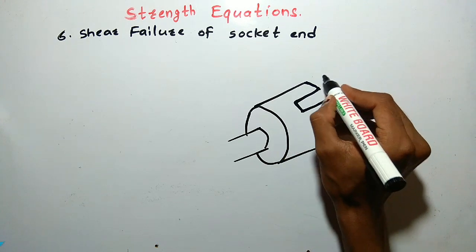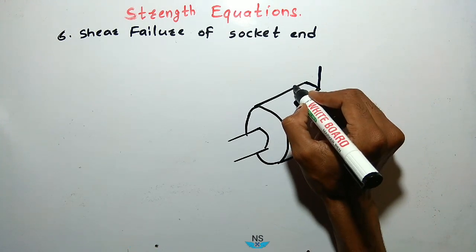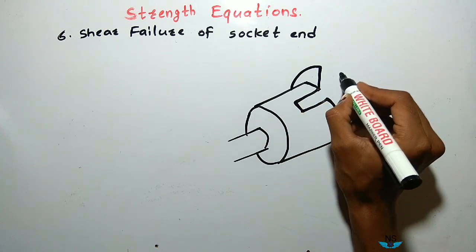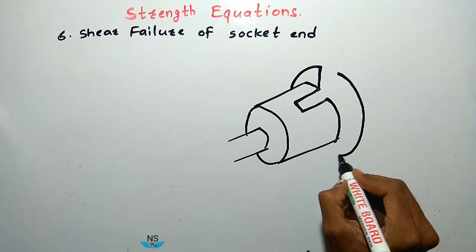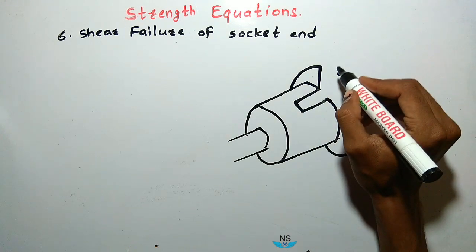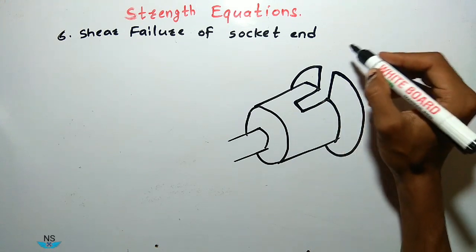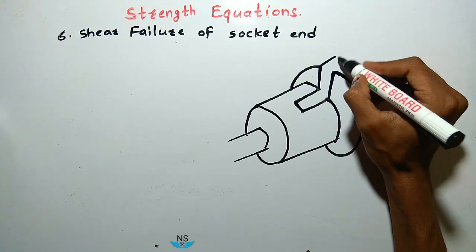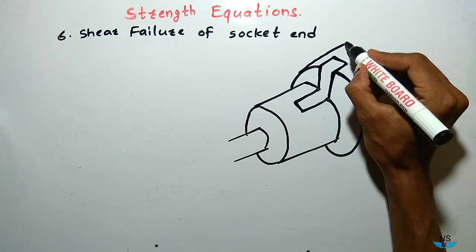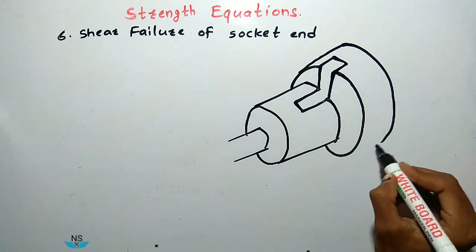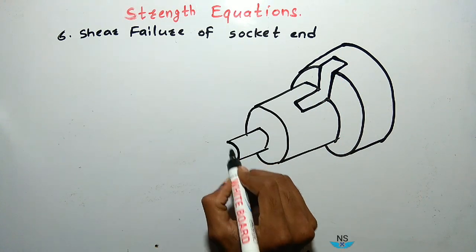Let me draw. This is the collar of socket. Now we know this is the slot. So socket is like this.